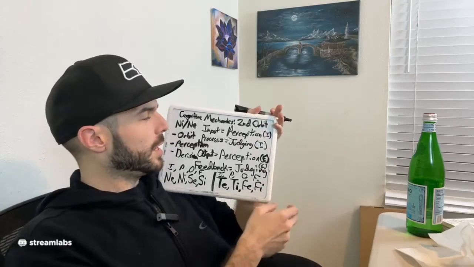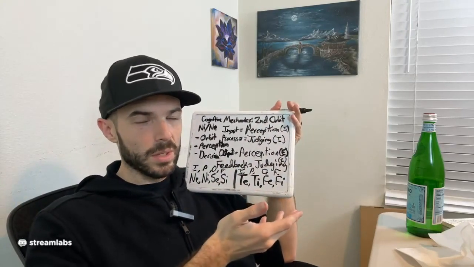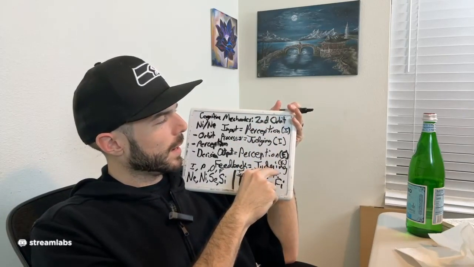And if you want to look at it more closely than that, the process would be judging that is internal. Output would be perception that is external. Input would be perception that's internal, and feedback would be external as well. So you can actually see, in terms of the introversion or extroversion model, where it really begins with the self and then goes out elsewhere, right?